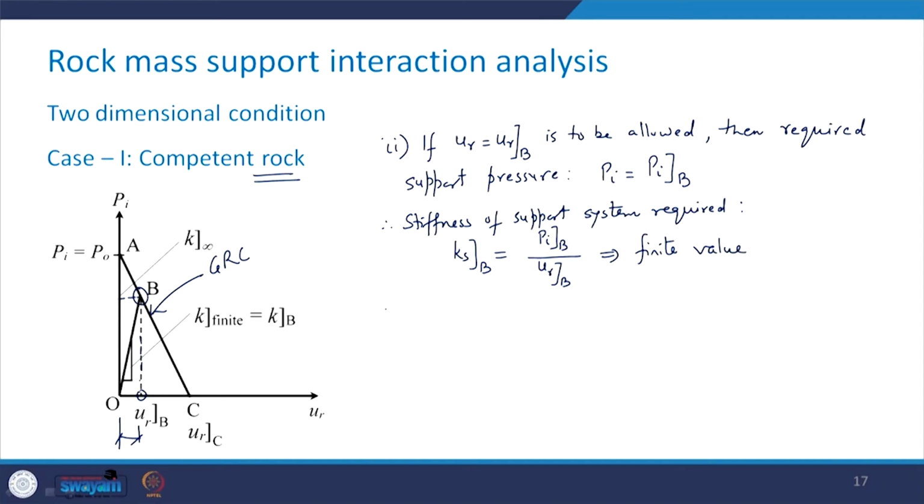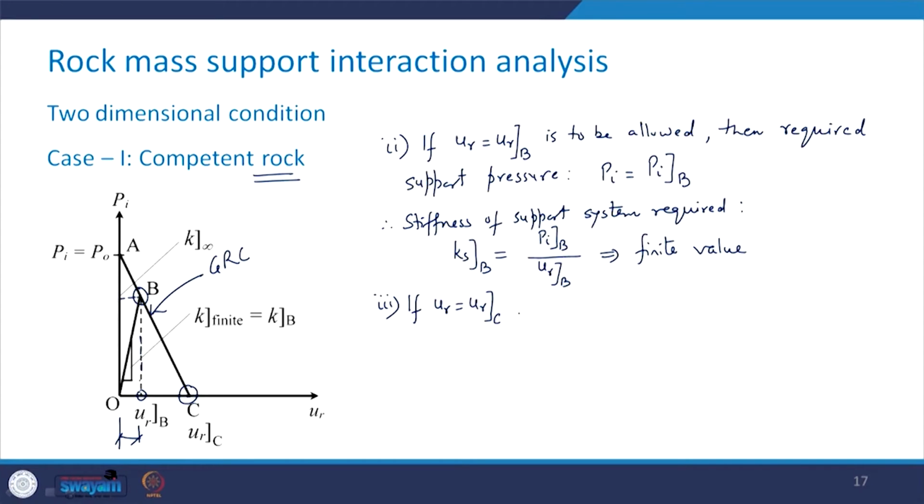Right? Now, there comes another case that if I allow even more deformation to take place, that means if UR equal to UR which is happening at C, this point. So, I am even allowing this much of the deformation to take place.